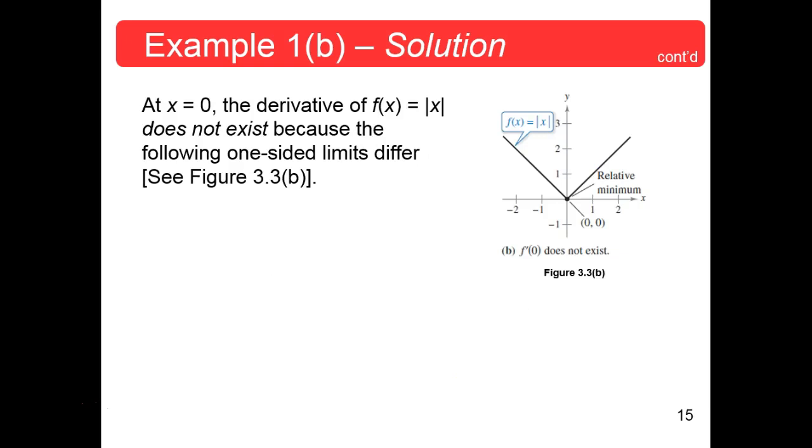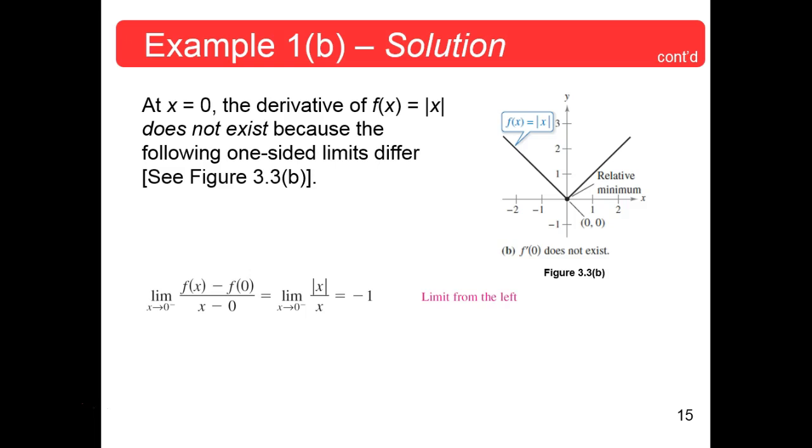The B one, at x equals 0, which is your relative minimum, it's actually the absolute minimum, the derivative does not exist, because on the left-hand side that's a -1, on the right-hand side that's a +1. F prime does not exist at 0. Okay?